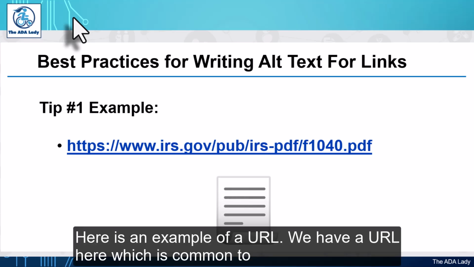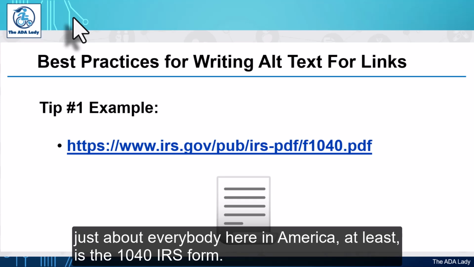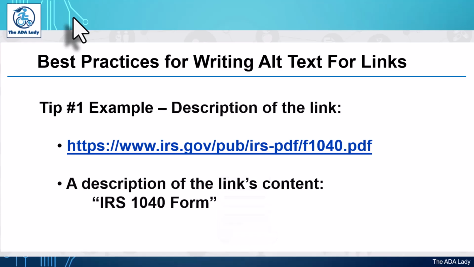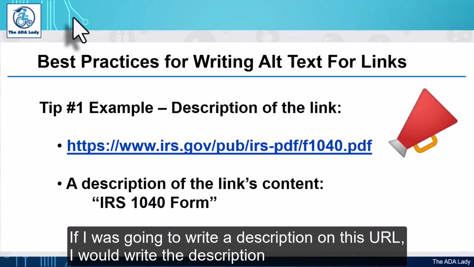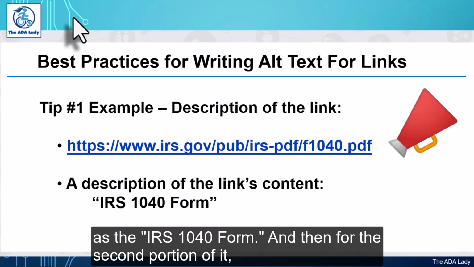Here is an example of a URL. We have a URL here, which is common to just about everybody here in America, at least, the 1040 IRS form. If I was going to write a description on this URL, I would write the description as the IRS 1040 form.